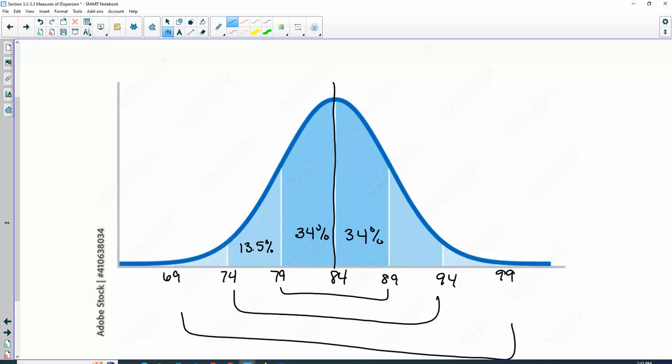Does everyone remember how we figured it out last time? And what was the next rectangle? 2.35. So I wanted between 69 and 94. So we have to add up everything between 69 and 94. 97.35.